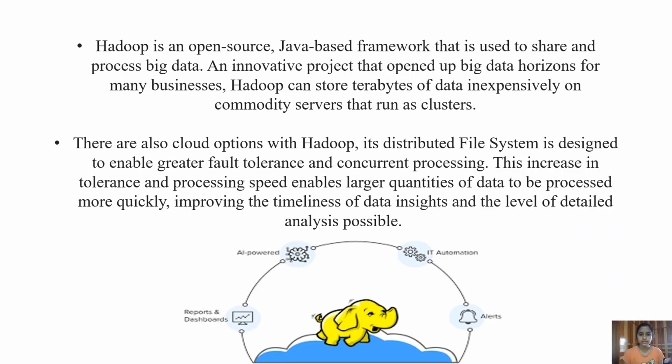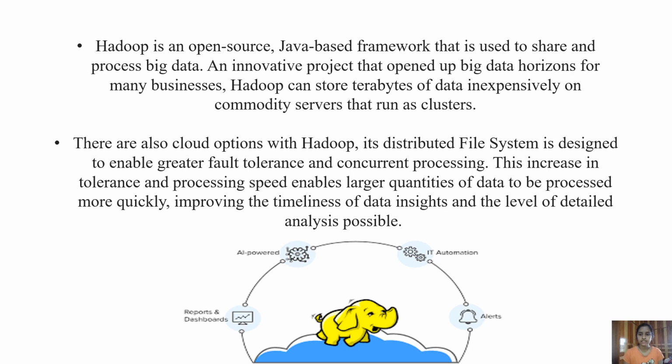Hadoop is an open source Java based framework that is used to store and process big data, an innovative project that opened up big data horizons for many businesses. Hadoop can store terabytes of data inexpensively on commodity servers that run as clusters. There are also good cloud options with Hadoop.